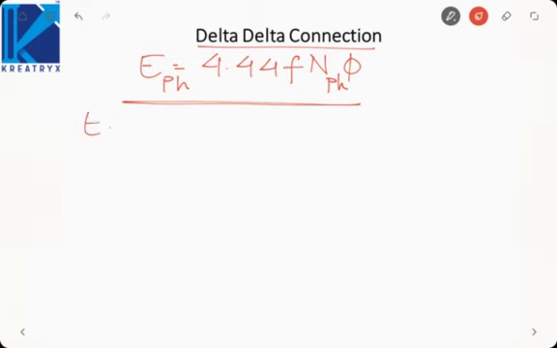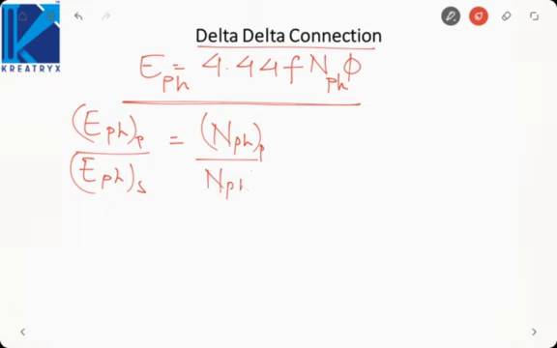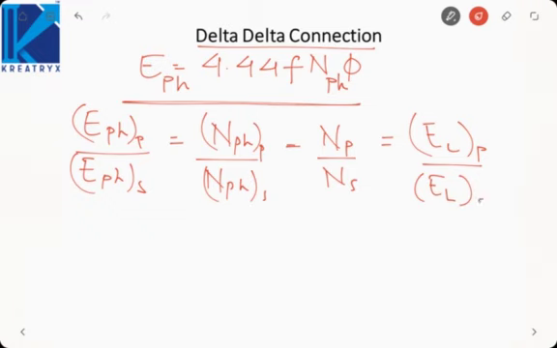So if we take E phase primary by E phase secondary, it will be N phase primary by N phase secondary, or we can say simply NP by NS. Now I know in delta connection line voltage is same as phase voltage. So what I can write down is line voltage primary by line voltage secondary.